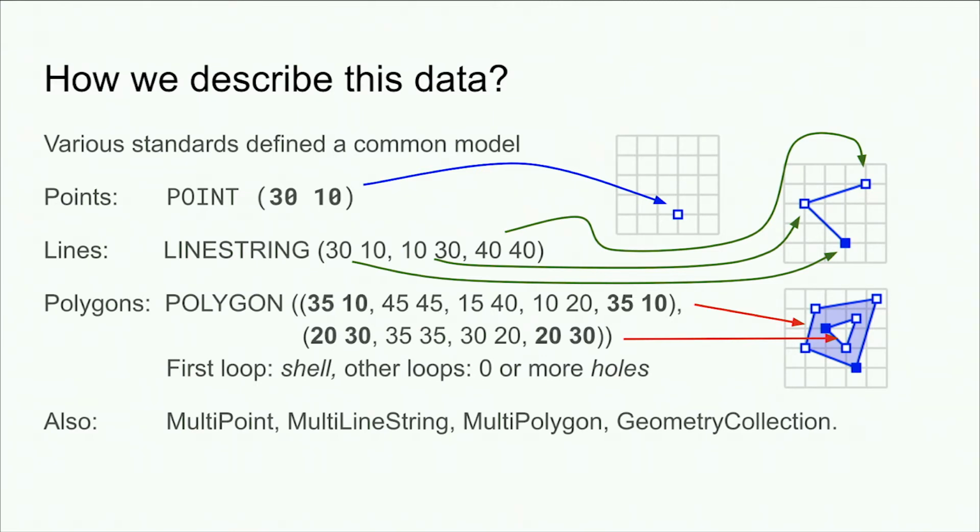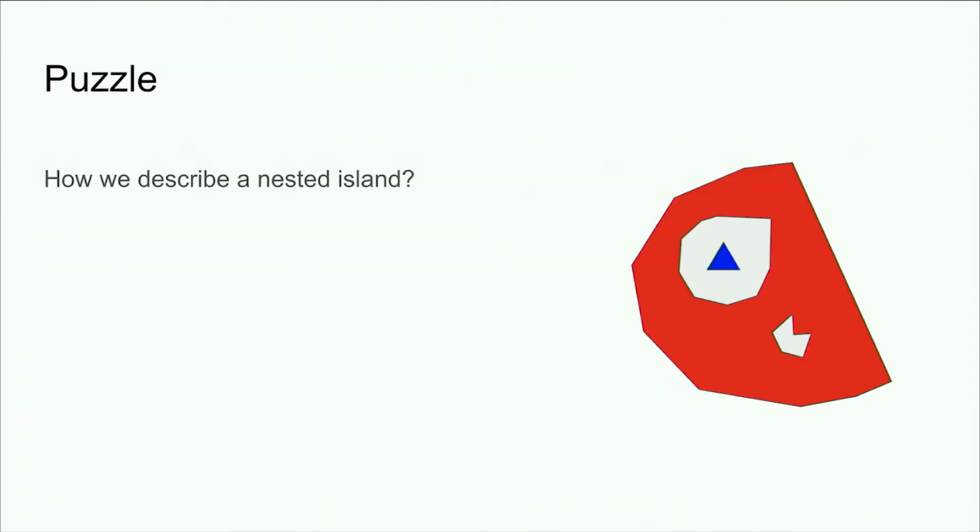The first loop defines the boundary. All additional loops define holes. So here there is one boundary, and there is a hole that doesn't belong to our shape. So that's the second loop here. And there might be any mix of those using collections, multi-polygons, and so on. So a puzzle about polygons: I said that there is one shell and it might have holes.